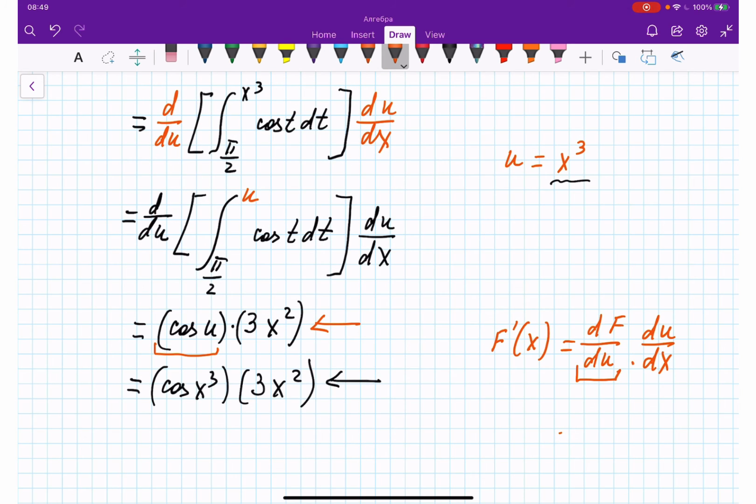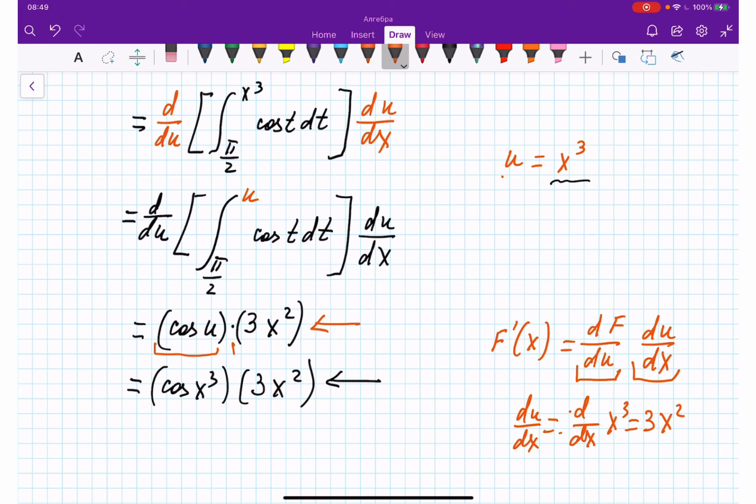And here we have du by dx, and our u is x cubed. d by dx of x cubed, I was already writing down the derivative, and that's going to be 3x squared.